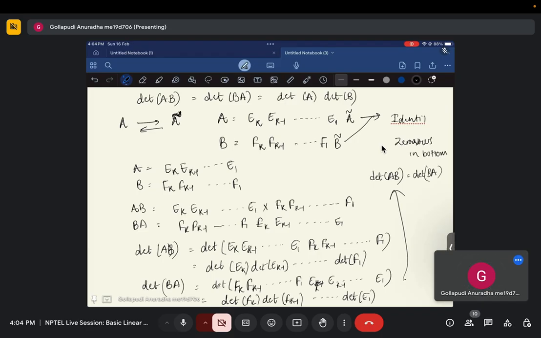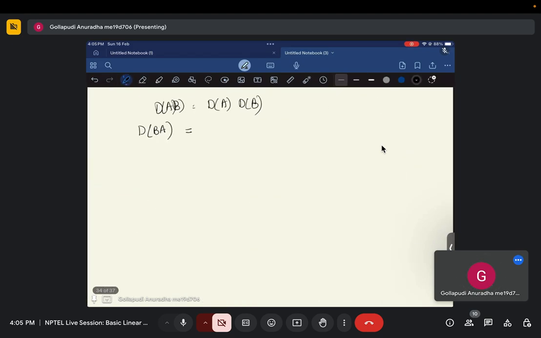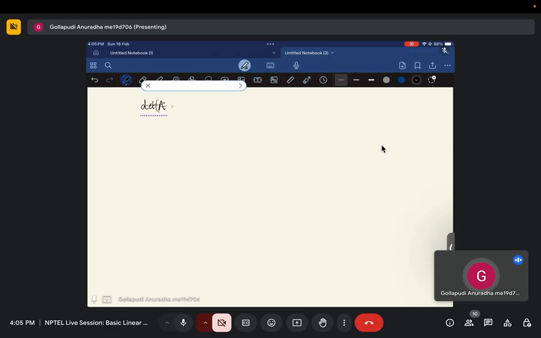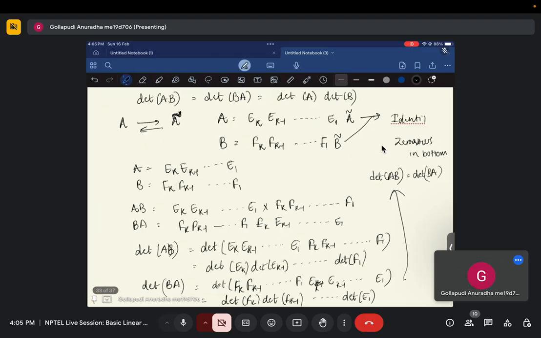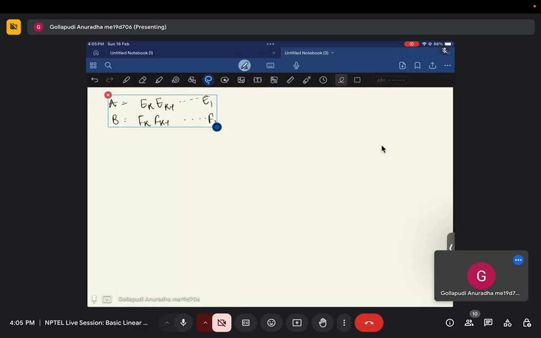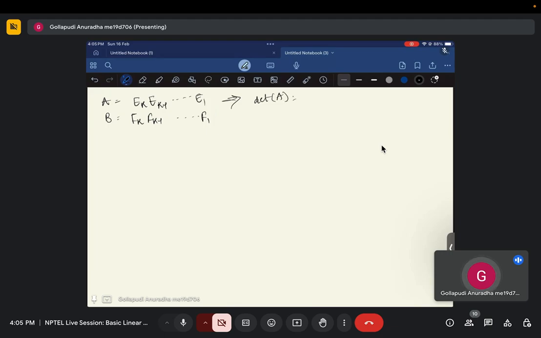And from here you can say that determinant of A will be equal to the determinant of all the elementary matrix multiplication.